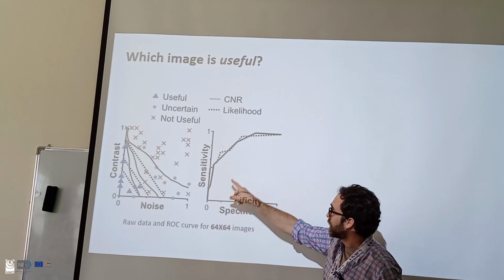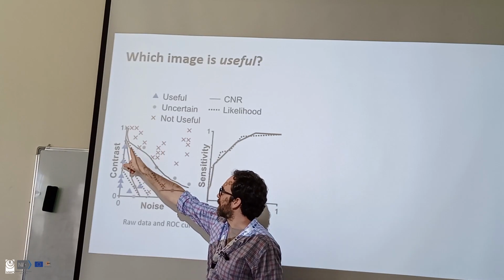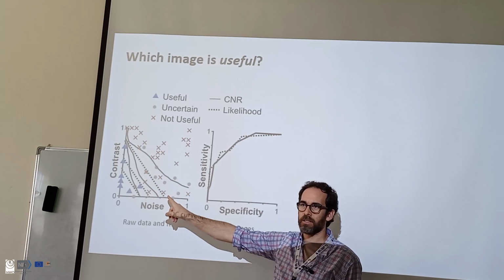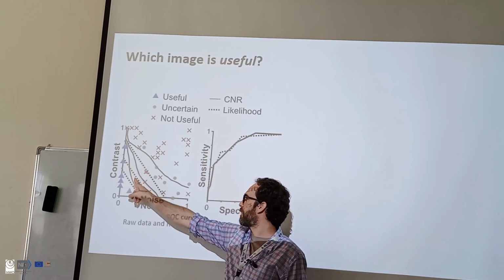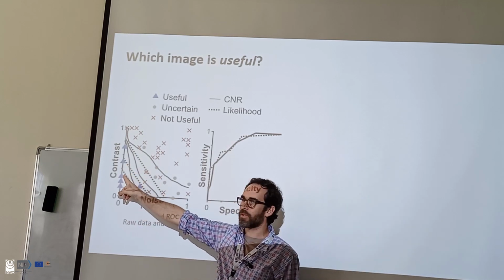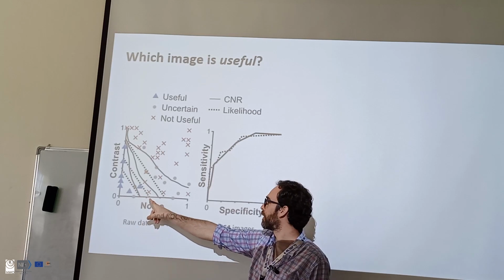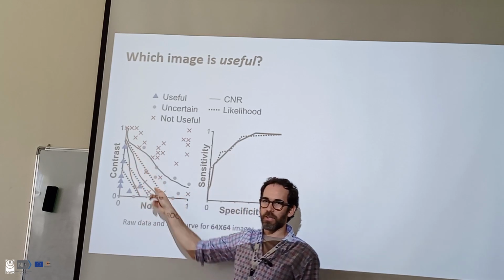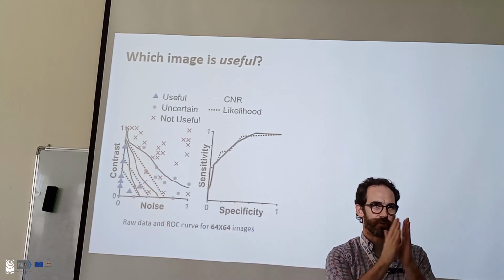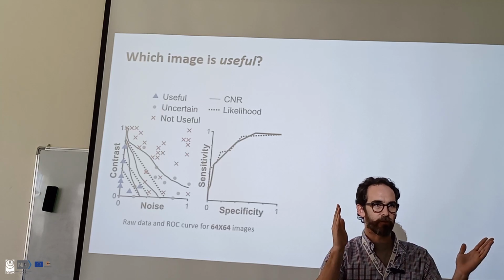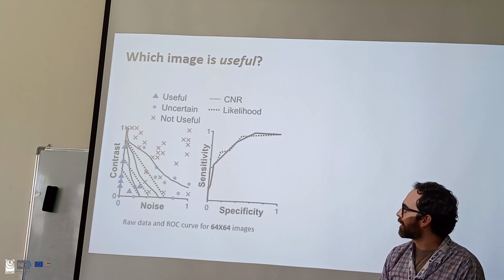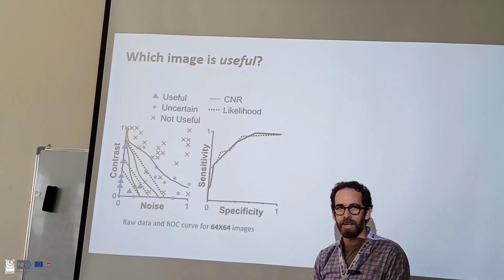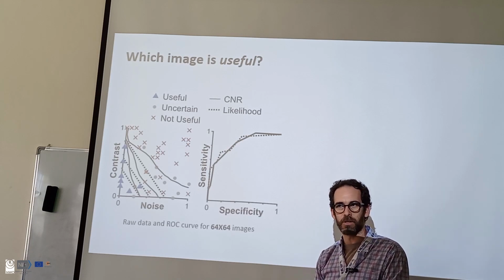First, I used a statistical method to try to define the boundaries here. I used something called logistic regression, and these are the dotted lines here, which are supposed to divide the data into what is useful and what is not useful. But then I started thinking, hey, that looks a lot like constant lines of contrast to noise ratio.